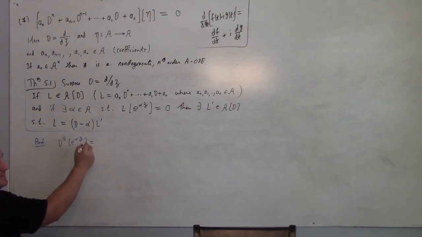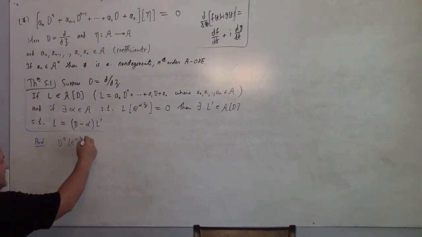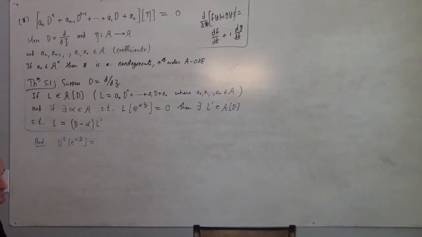I would change that to something else, because L prime kind of insinuates that you're taking a derivative. I put that on my list of things to do before I submit this for publication again. All right, so we have a second differential operator in AD such that L is equal to D minus alpha times a second differential operator.